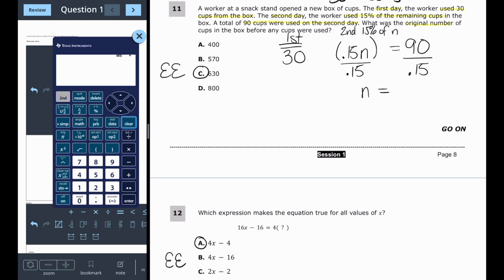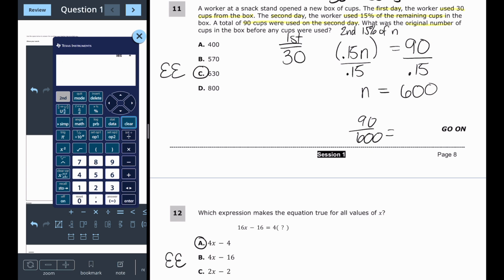So I'm going to do 90 divided by 0.15, or 15%. And that is 600. Okay, so that makes sense. He used 90 out of 600. And 90 out of 600 is 15%. So if you actually do this, 90 divided by 600 is 0.15.